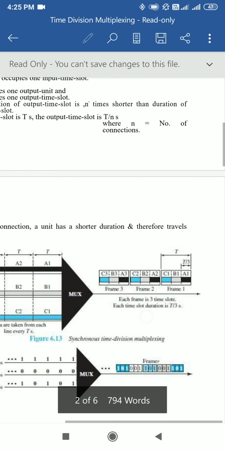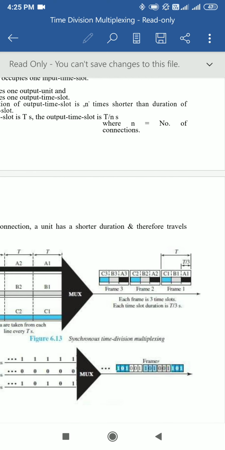But when the frames are formed, that data unit A1, B1, C1 together will have the time period of t. But the single data unit A1 will have the time slot of t divided by n, where n is nothing but the number of connections. Here the number of connections or number of devices is 3. Hence, the time duration of A1 is t by 3.